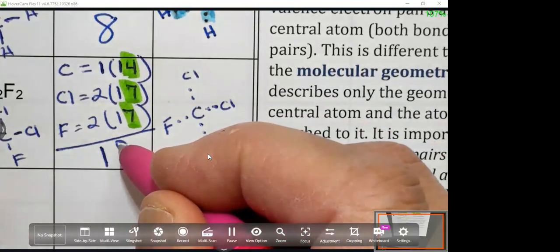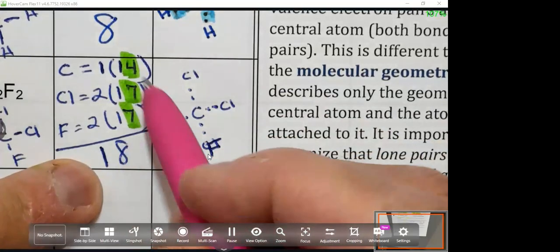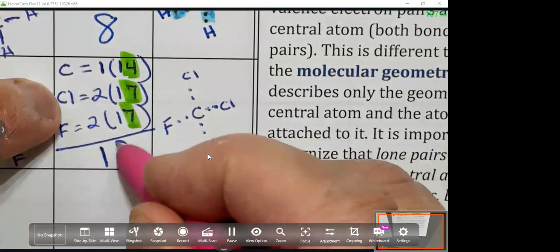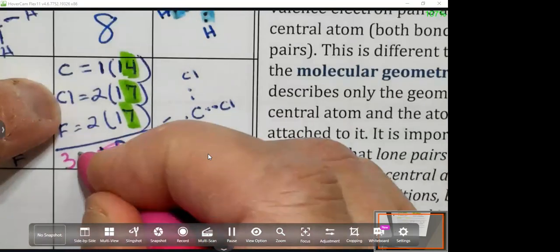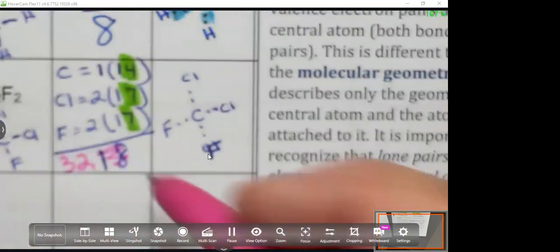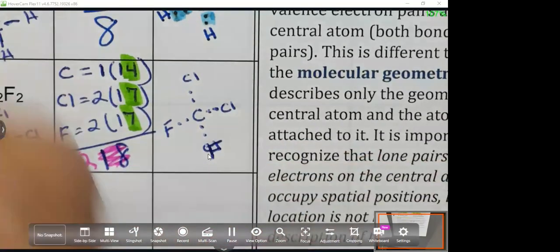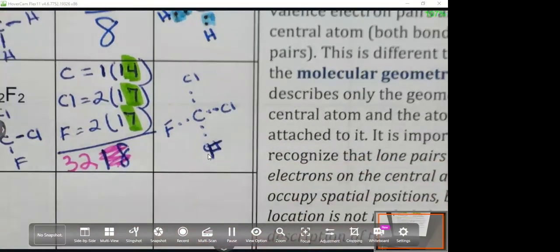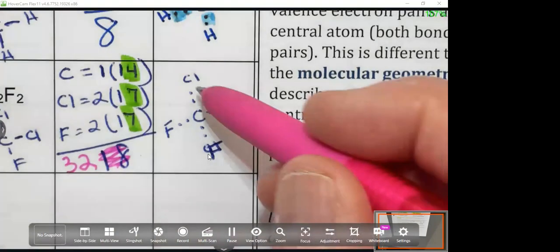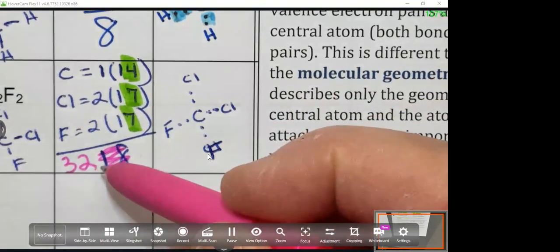This is 32. I just added, I didn't take into account the 2. 32 valence electrons. Okay. We've accounted for 8 out of 32.